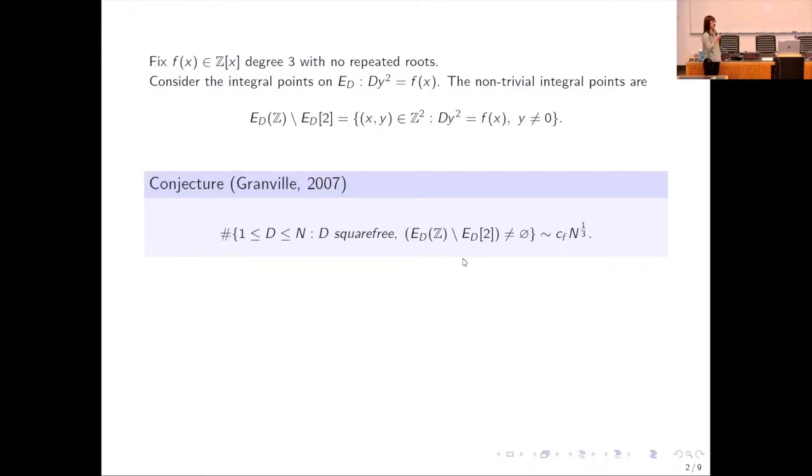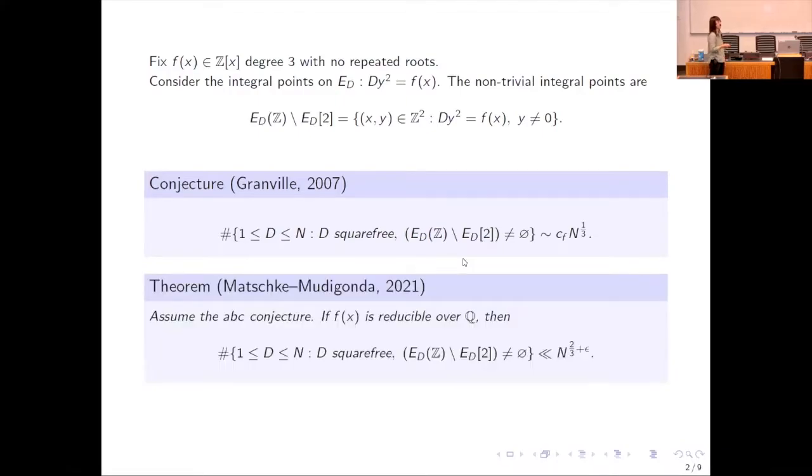This conjecture implies that 0% of twists, when we restrict to square free integers, should have a non-trivial integral point. In this direction, more recently, there is a result by Maschke and Mujigonda that if you assume the ABC conjecture and f of x is reducible over Q, then you do get a power saving in this count.